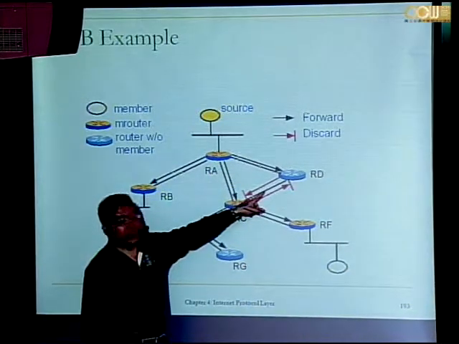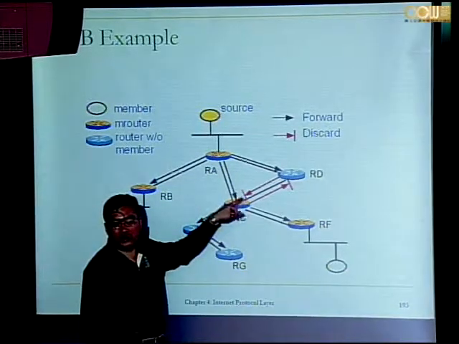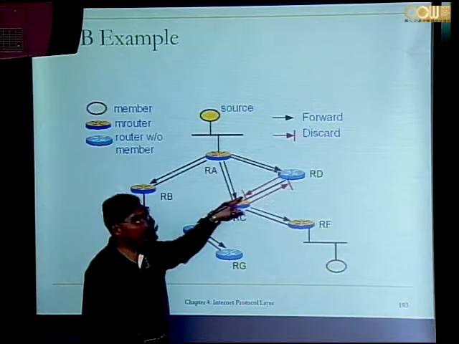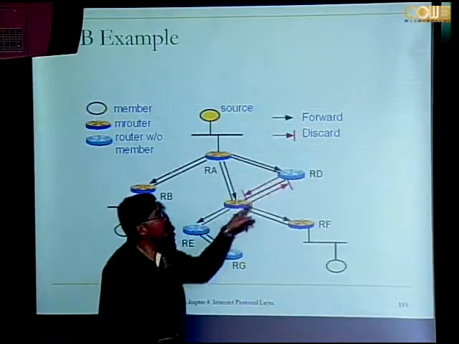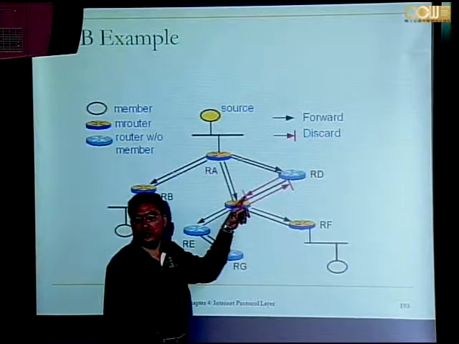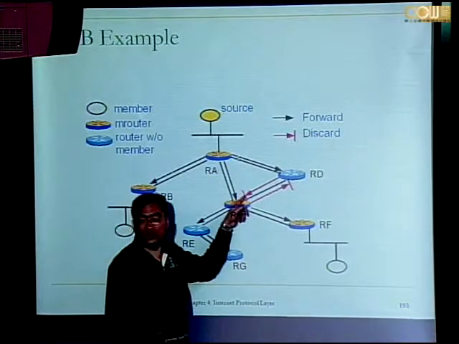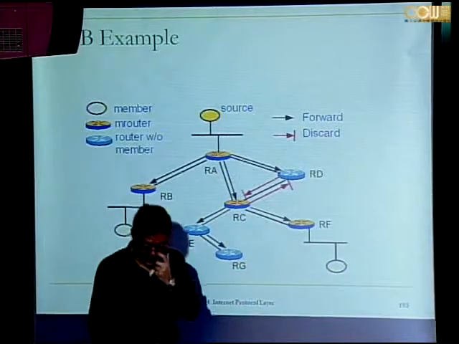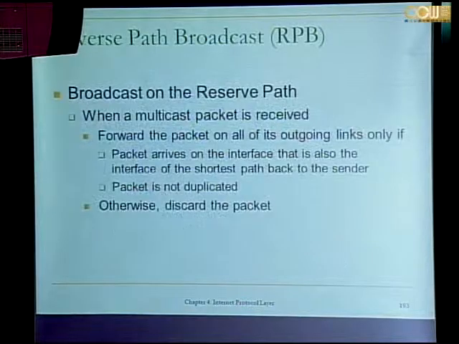It says no. If I want to send a packet to the source of this packet, the next hop is not this. The next hop is this. So this packet is not on its shortest path. So I would drop it. And this kind of decision is called reverse path forwarding.